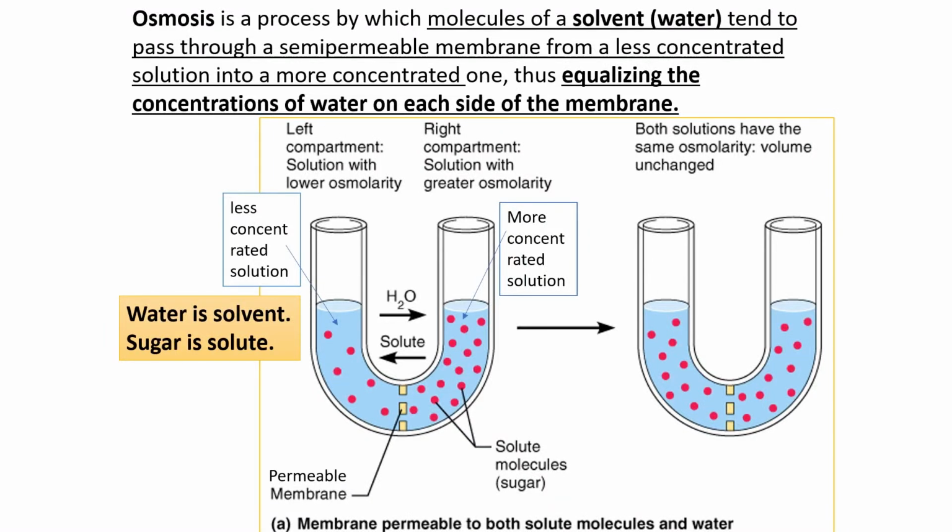If we look at this example, we see the left side and right side of the tube, and how you can see, it's connected. This is where they are connected, and this is the membrane. This membrane is permeable. It means that both solute molecules and water can freely penetrate.